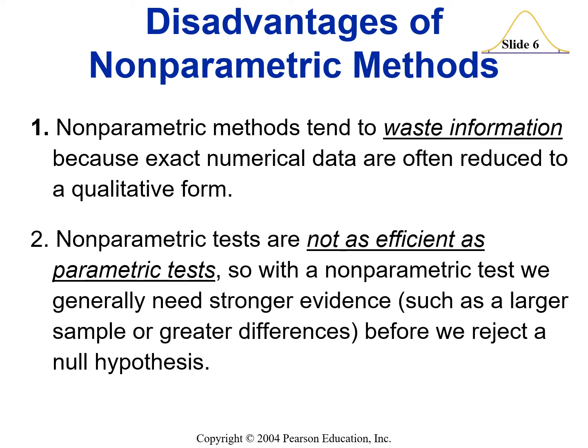Number two, non-parametric tests are not as efficient as parametric tests. So with a non-parametric test, we generally need stronger evidence, such as a larger sample or greater difference, before we reject the null hypothesis.